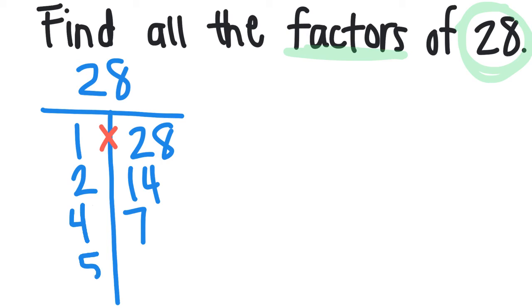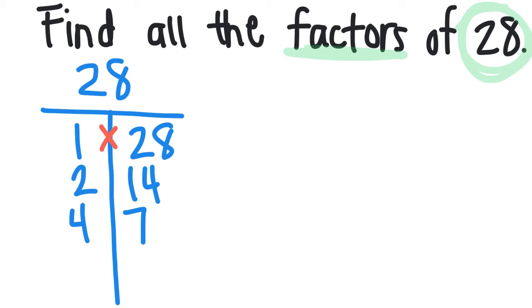Okay, what about 5? 5, 10, 15, 20, 25, 30. Nope, 5 does not fit into 28. What about 6? Let's count by 6s. 6, 12, 18, 24, 30. Nope, no 6. And now I'm actually back at 7, which I already have here.